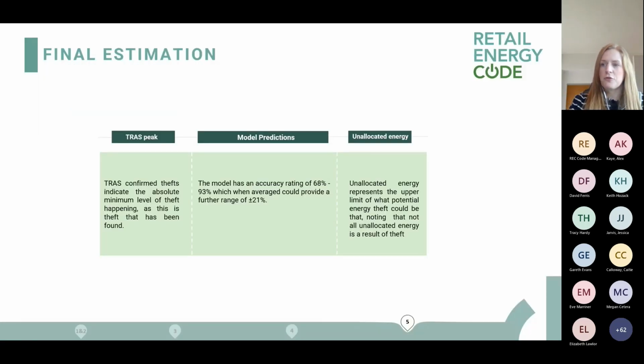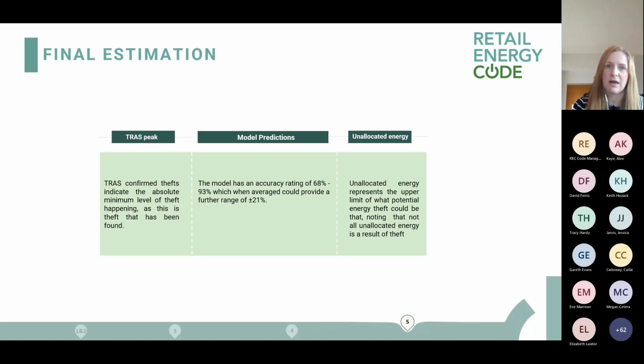There are three sets of numbers that we're going to show you here. The first one is the TRAS peak. As I said, one of the key data sets we looked at was the TRAS data, because this gave us the confirmed thefts and actual, true outcomes of investigations. From this, we were able to identify what is the current known theft across Great Britain?